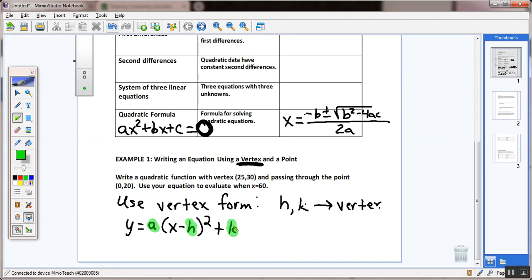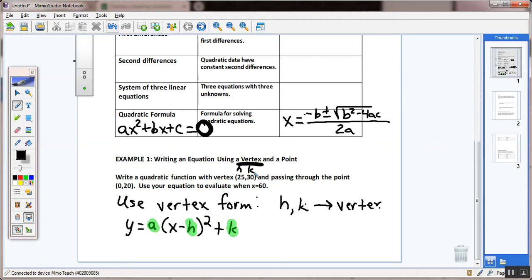Okay, the vertex is, careful on that, 25, 30. Okay? So this is kind of like my h, k value here. So in for h, what am I going to plug in? 25. And what are you plugging in for k, kids?